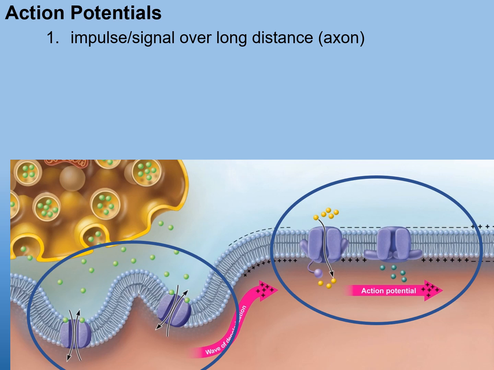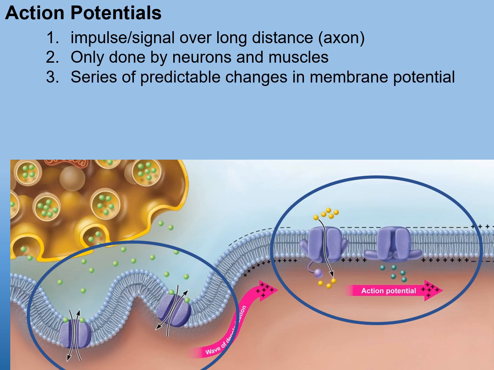But no matter what you call it, we're talking about moving electricity over a long distance. And that's what the axon is, right? The ends of a neural cell, the teleodendria, are a long distance from the cell body. Only neurons and muscles can have action potentials. All of your cells have resting potentials, but only neurons and muscles can have action potentials.